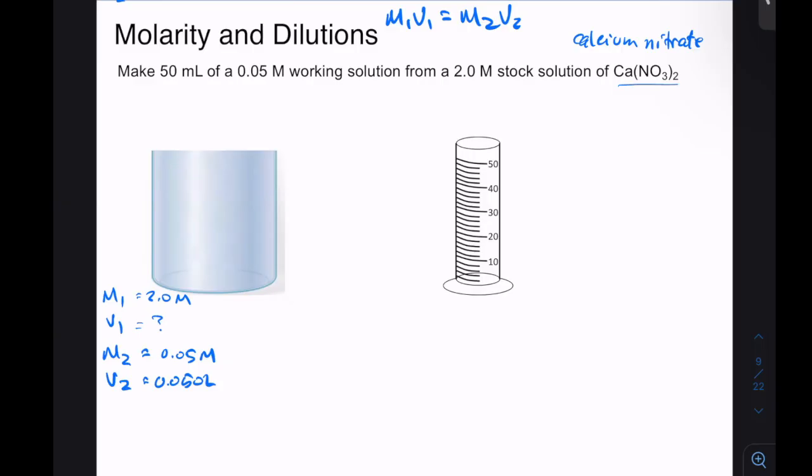What do we need to take from our stock solution and dilute into 50 milliliters of a working solution? Before I solve the math, let's look practically at what we're talking about. Here's our stock solution. We've done all our quality control and quality assurance. We know it's 2.0 molar calcium nitrate.